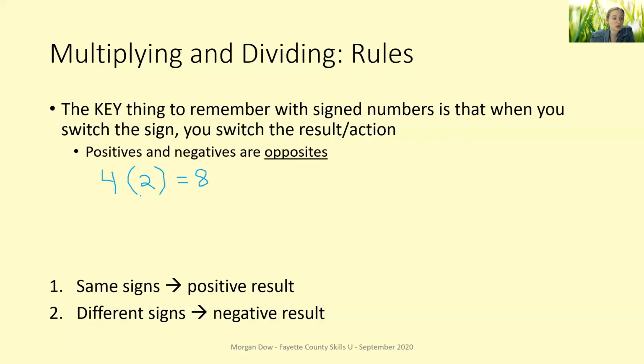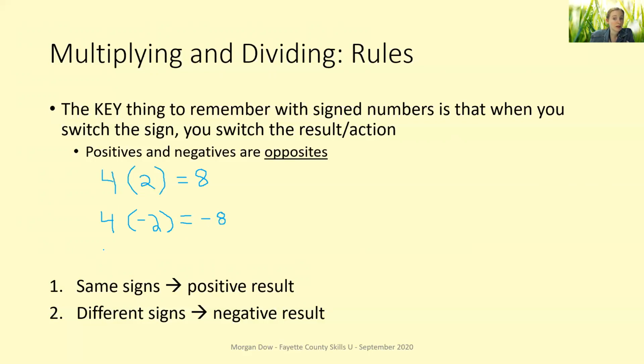Now, if I change one of these numbers, if I switch the sign, that means I should switch my result. So if I instead do 4 times negative 2, I'm going to have to change something about my results. My result is going to become negative.